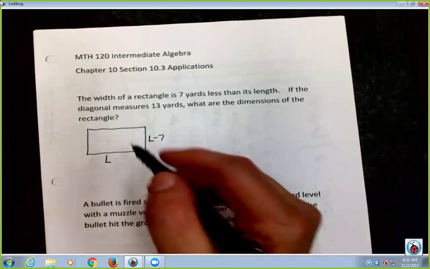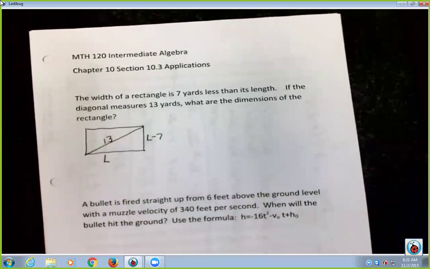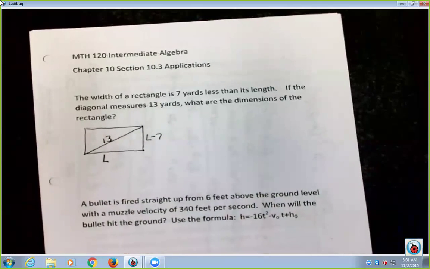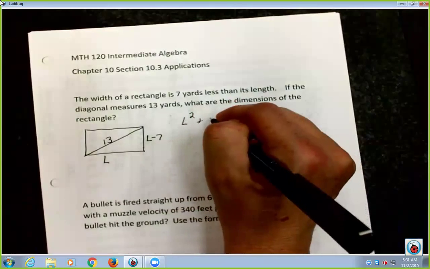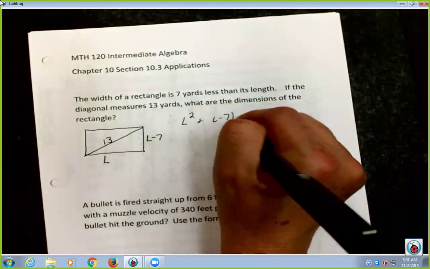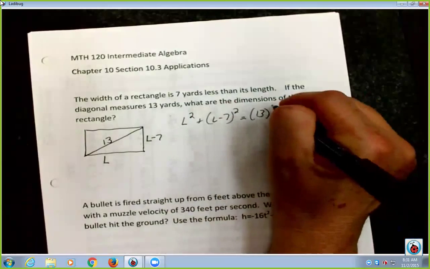If the diagonal measures 13 yards, what are the dimensions of the rectangle? So it's a Pythagorean Theorem one. And so you would square your length plus your width squared is equal to the hypotenuse squared.